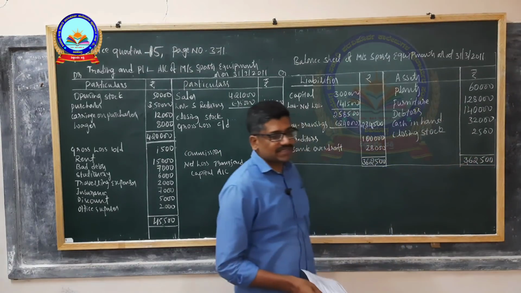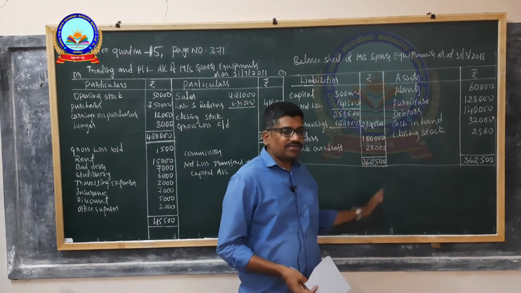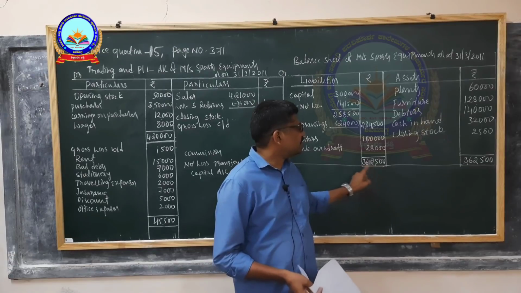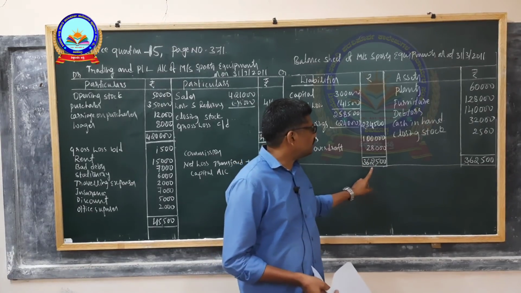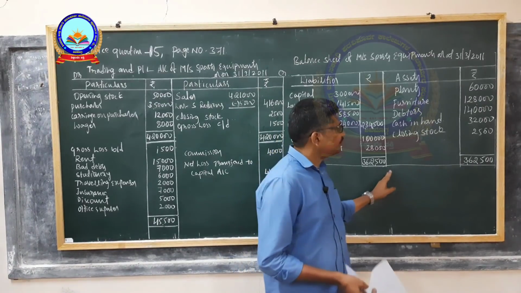Now we have to balance the balance sheet, that means we make the total of both sides of the balance sheet. It results in a total of 3,62,500.